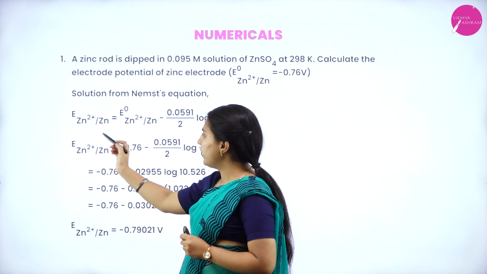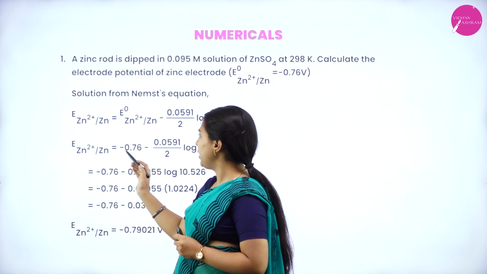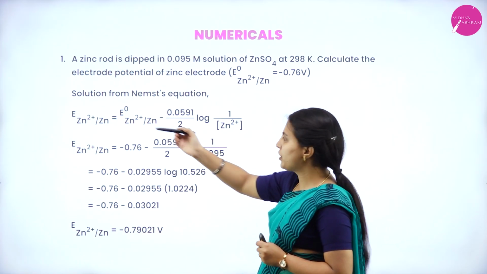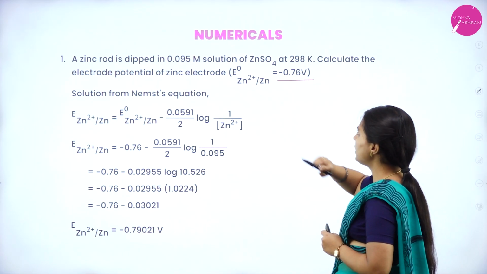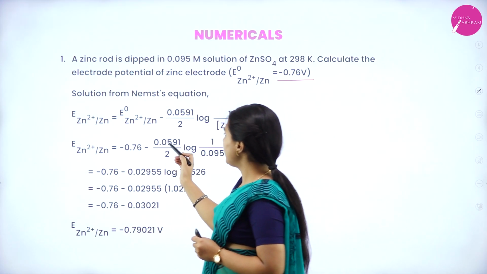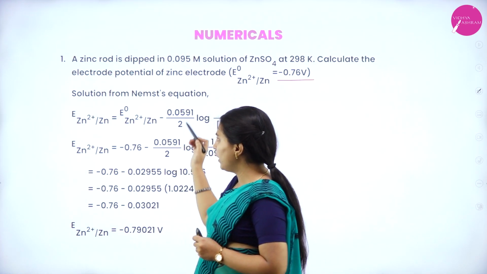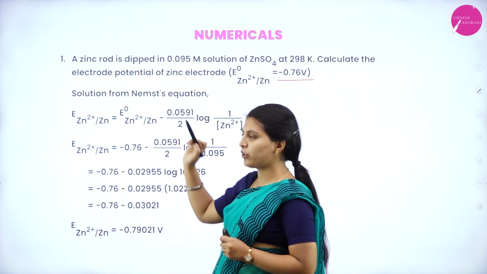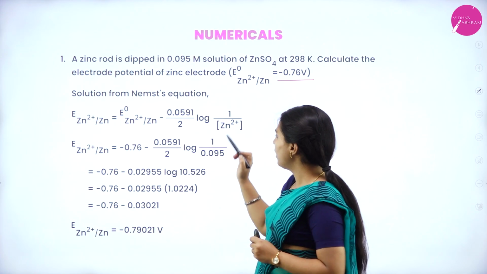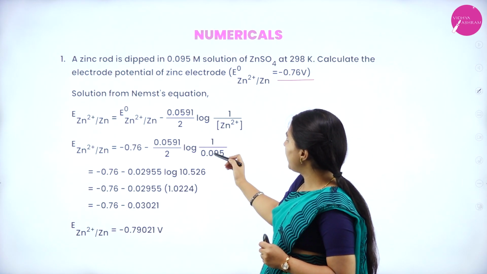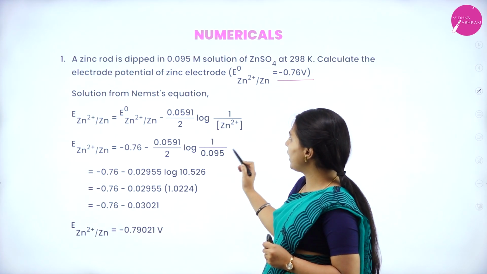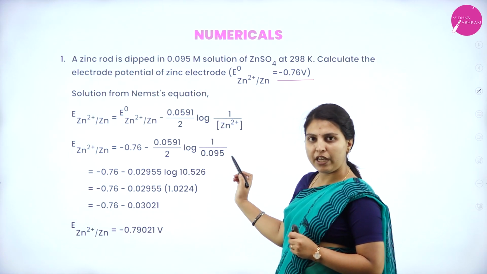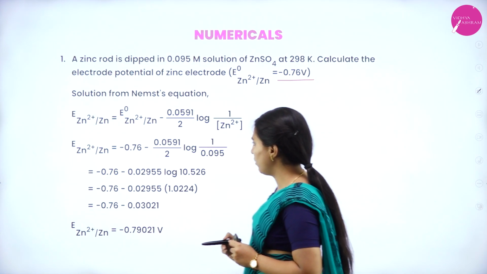So here the potential will be minus 0.76, because the electrode potential is already given as minus 0.76 volts, minus 0.0591, which is a constant taken from the equation, divided by 2 because 2 electrons are involved in the reaction, into log of 1 by 0.095. Here the zinc concentration is given, so we have written 0.095.